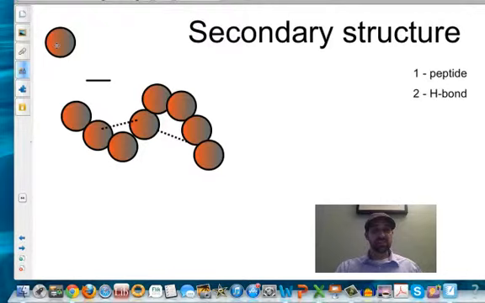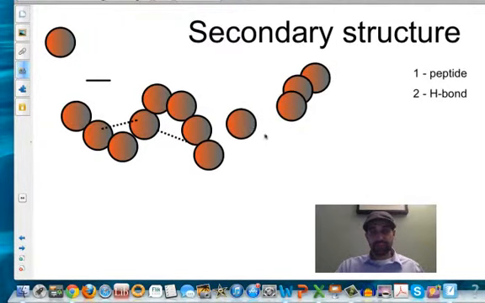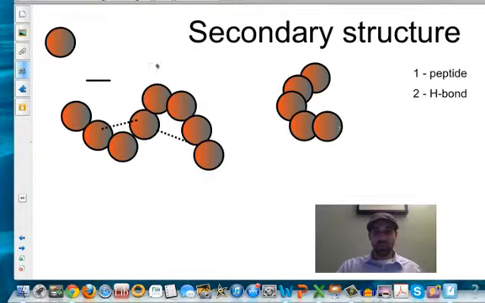That's one version. The second version is going to be called the alpha helix, and this should be reminiscent of the discussion of the double helix and how things sort of spiral. But once again, the indication here is that peptide bonds have not gone away.